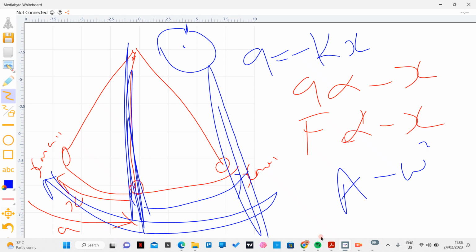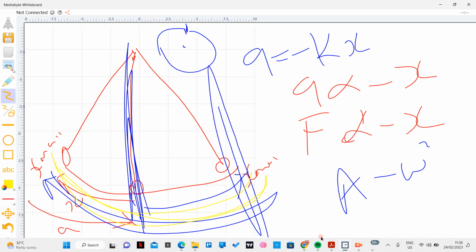But it might be a little confusing for some students because of the way simple harmonic motion is structured. Most students might think the period is from here to there. No, it's from here to there and back to that same starting point again. So that's the period.